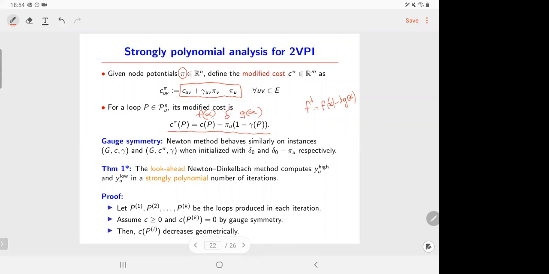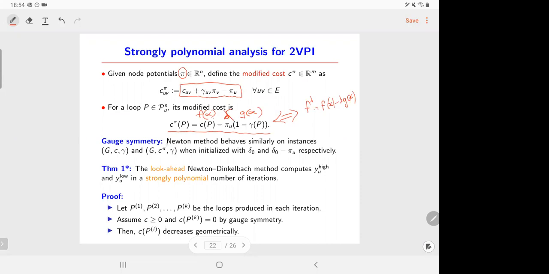So actually no, this is lambda. So these two notions actually agree. So what this says is, for any set of node potentials, if you replace the cost by the reduced cost, then you get gauge symmetry.